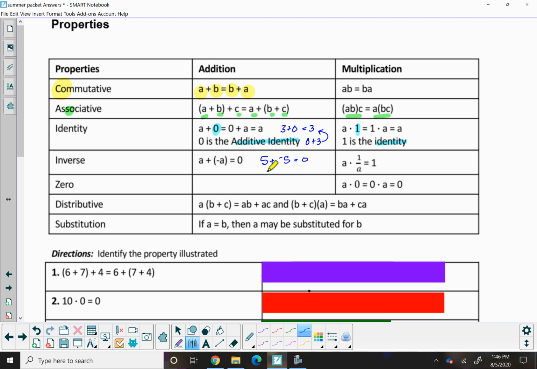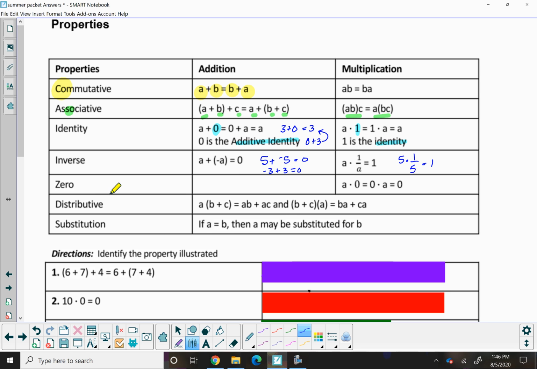If I add negative 3, I have to add 3 to get 0. Multiplication the same way. If I have 5, I'm going to multiply it by the reciprocal. And that's going to give me 1. And it doesn't matter if it's negative or positive.